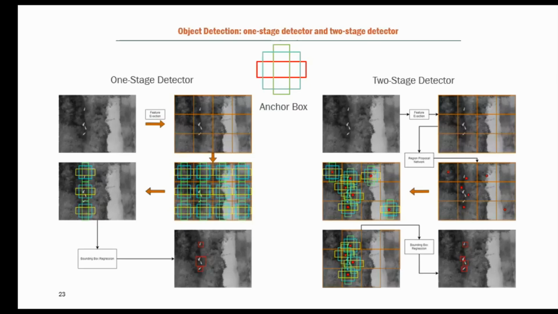And based on the feature maps, the model can find the regions which may potentially contain the targets of interest. And then the model will assign its eyes, the anchor boxes, to these regions.